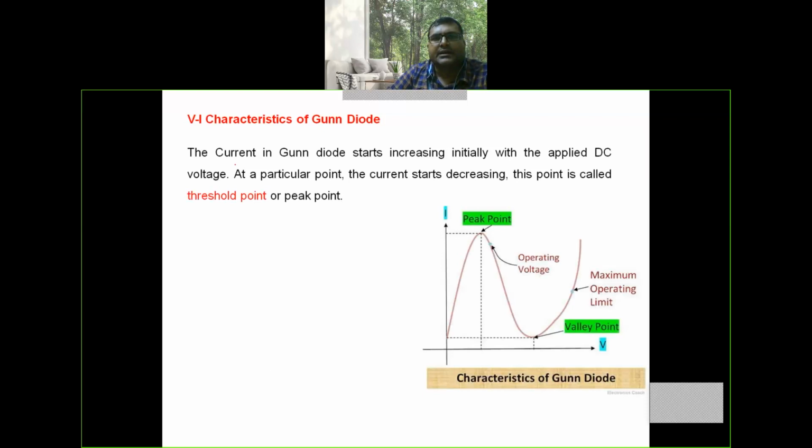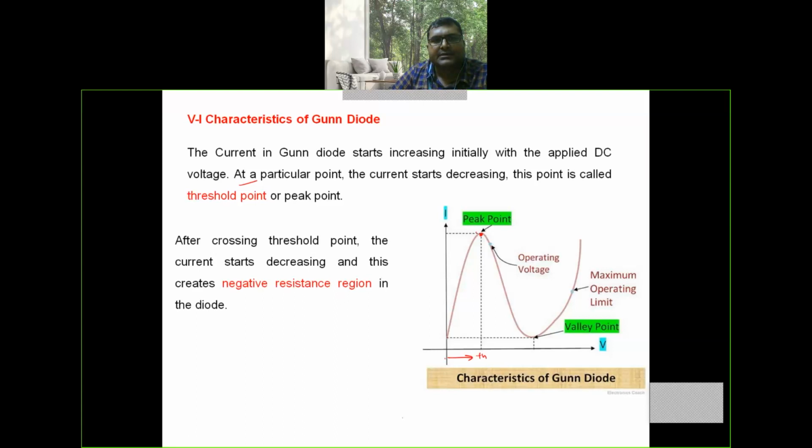The current in Gunn diode starts increasing initially with the applied DC voltage. At a particular point, the current starts decreasing. This point is called threshold point or peak point. That is, when the applied voltage is increased from 0 up to some threshold value, the current will increase, and after crossing the threshold point, the current starts decreasing, and this creates a negative resistance region in the diode.